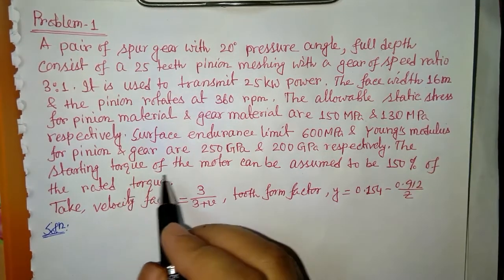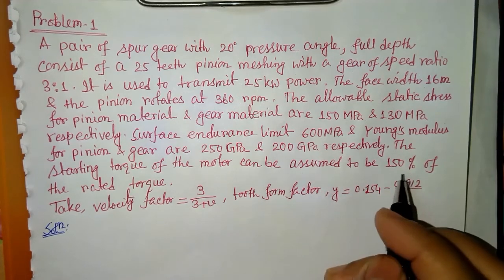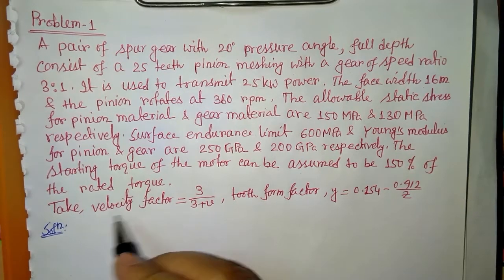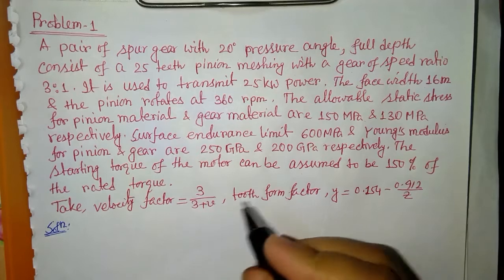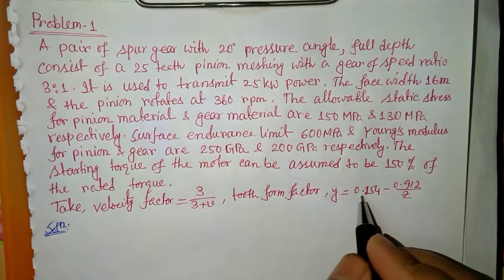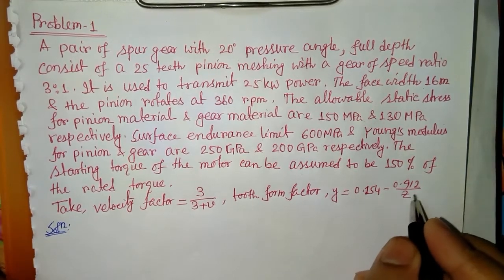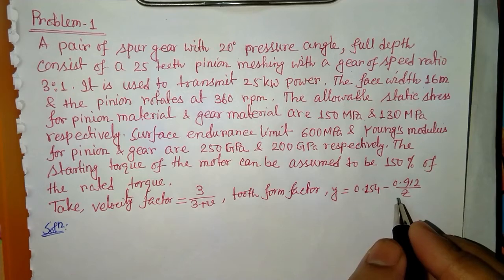The starting torque of the motor can be assumed to be 150% of the rated torque. Another information, take the velocity factor 3 by 3 plus v and tooth form factor y equal to 0.154 minus 0.912 by z, where z is the number of teeth, already we have seen.